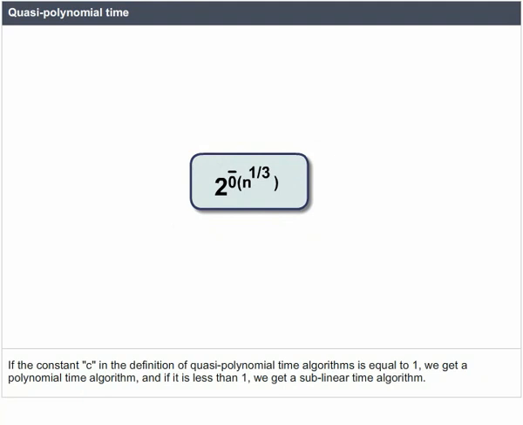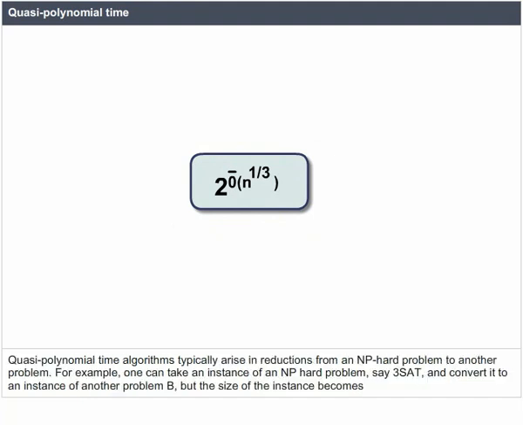If the constant c in the definition of a quasi-polynomial time algorithm is equal to 1, we get a polynomial time algorithm, and if it is less than 1, we get a sublinear time algorithm. Quasi-polynomial time algorithms typically arise in reductions from an NP-hard problem to another problem.